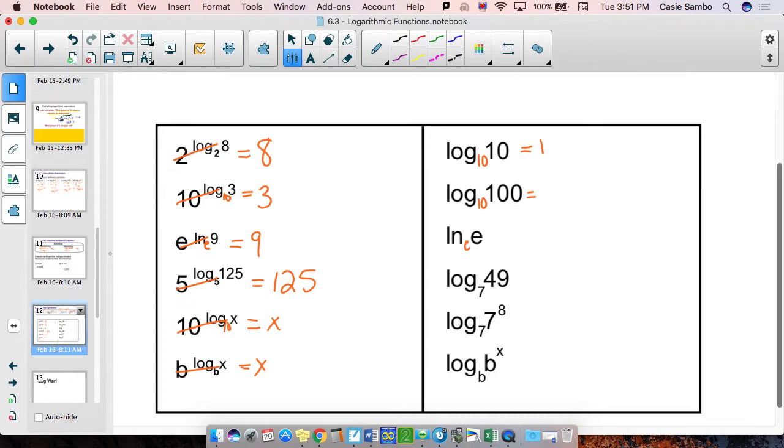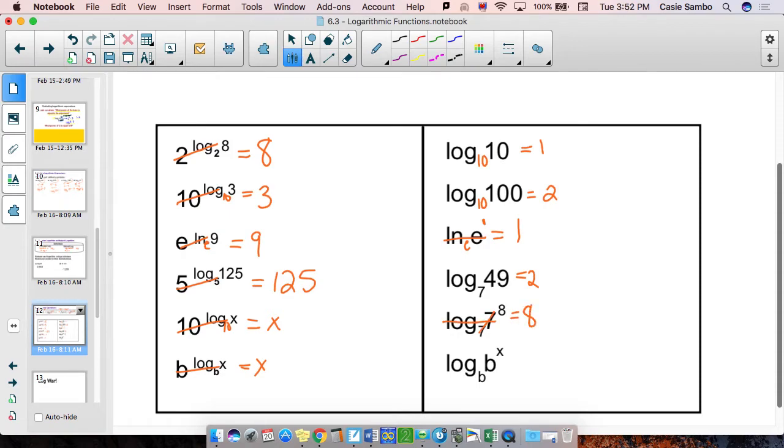On the other side, 10 to what power gives us 100? It's 10 squared. These cancel each other out. It's just left with the exponent, which is 1. So it's just 1. And then these are more evaluating. So 7 to what power gives you 49? 7 squared. These are the same bases, so they cancel each other out.